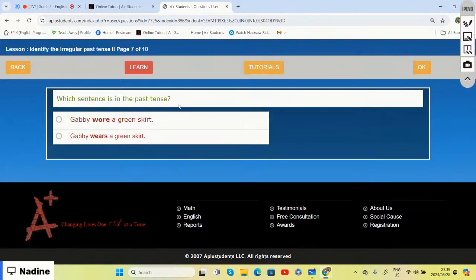Well done. The next one says Gabby wore a green shirt, or do we say Gabby wears a green shirt? We need to choose the correct option.